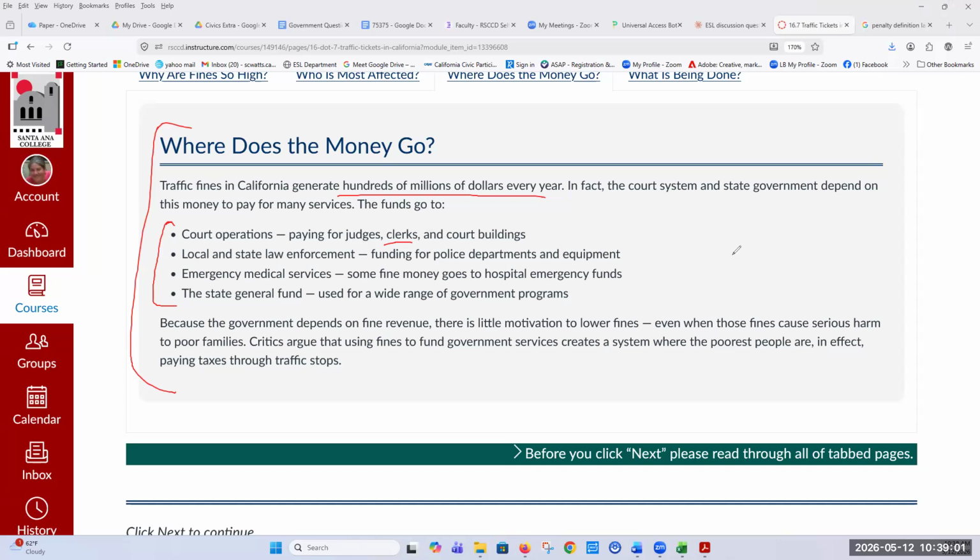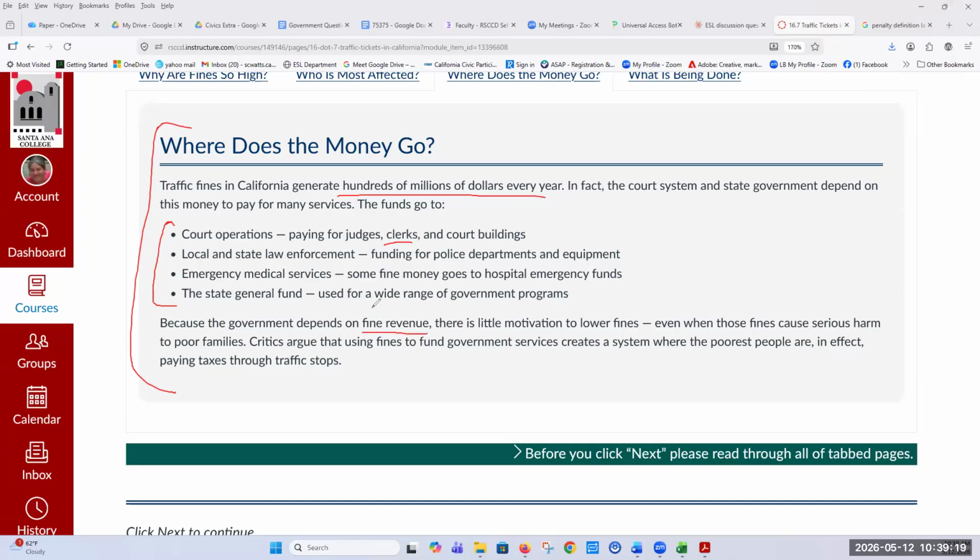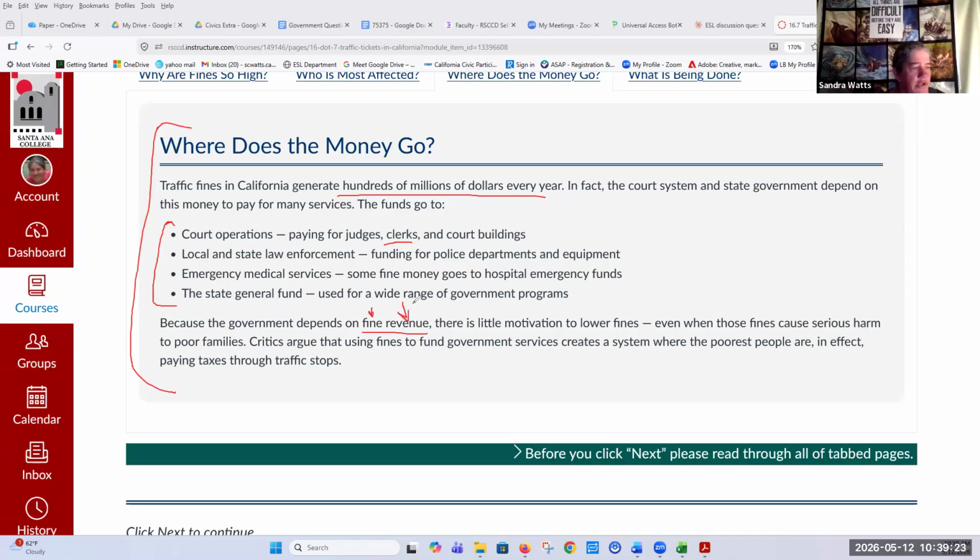What does fine revenue mean? Because the government depends on fine revenue. Fine is the money. Revenue is kind of like income. Revenue is the money that comes into, in this case, the government.